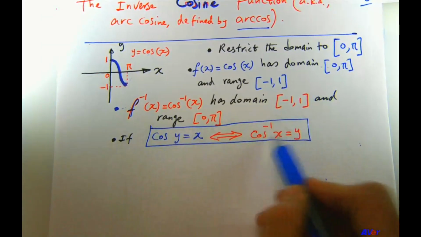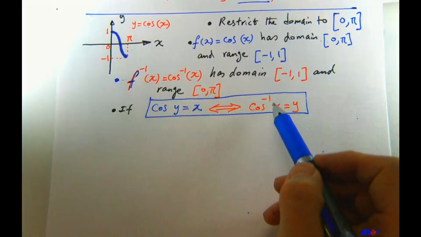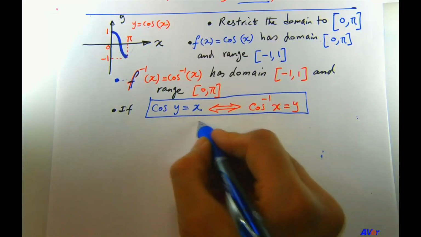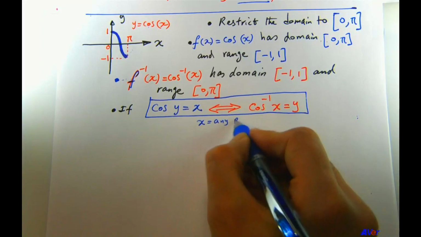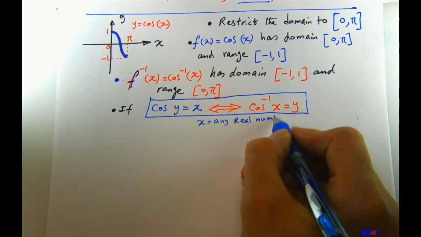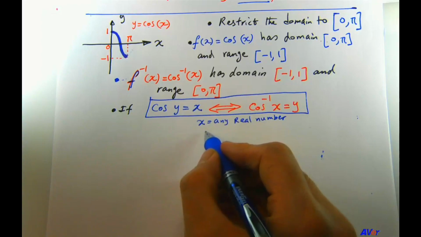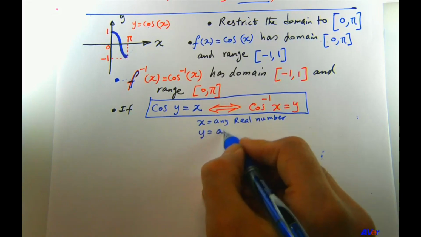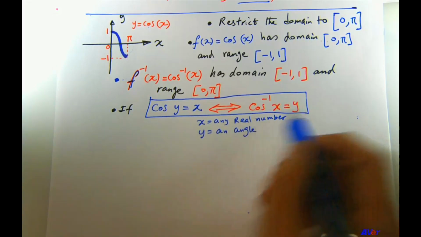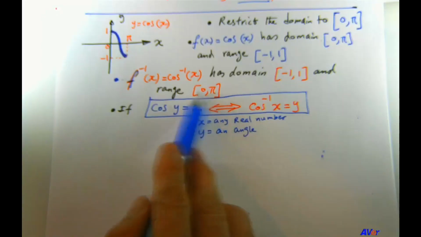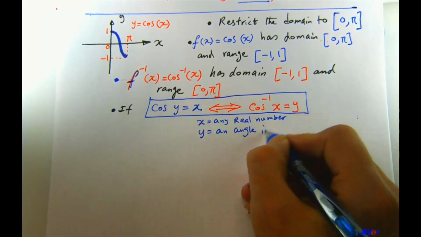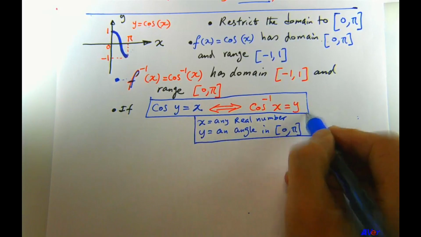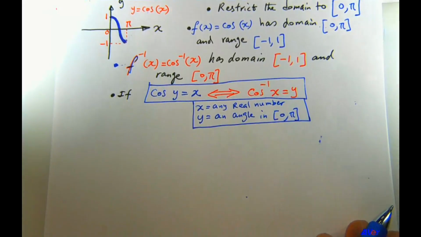Again, the inverse cosine function or the inverse of any trigonometric function leads to an angle. So x is any real number and y is an angle between, of course, 0 and pi. An angle in this interval 0 comma pi. So this y is an angle. That's the important thing to remember.